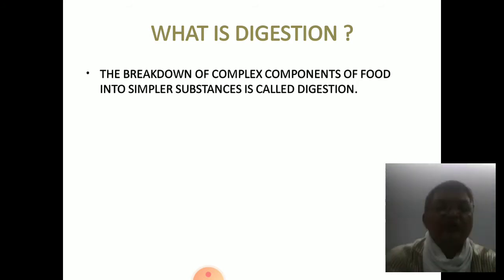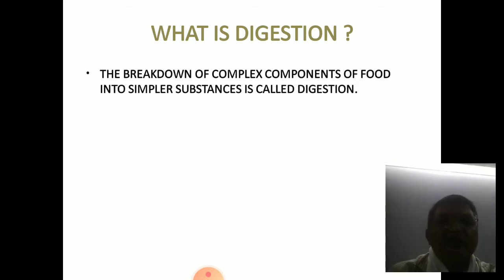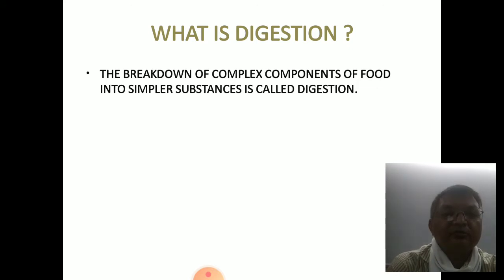Now the first question that arises in our mind is, what is digestion? We know that food contains nutrients like carbohydrates, proteins, vitamins, fats and minerals. All these nutrients are present in our food items, meaning edible items.